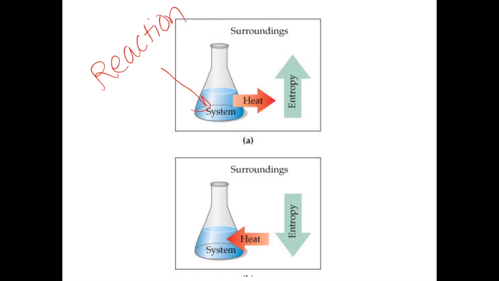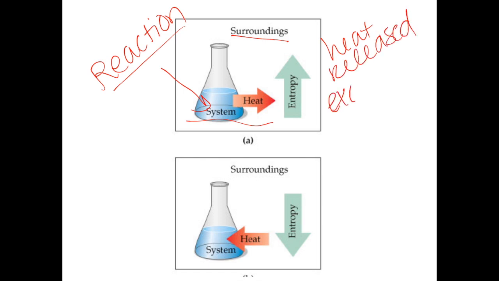If your reaction gives off heat to the surroundings, which is the beaker, the water, the bench that it's on, the air that surrounds it, anything, if heat is released, it's called an exothermic reaction. That heat is leaving the system and it's going into the surroundings, so that's exothermic. So a fire, for example, burning of wood, carbon, that's an exothermic process. We can feel the heat coming off of it.